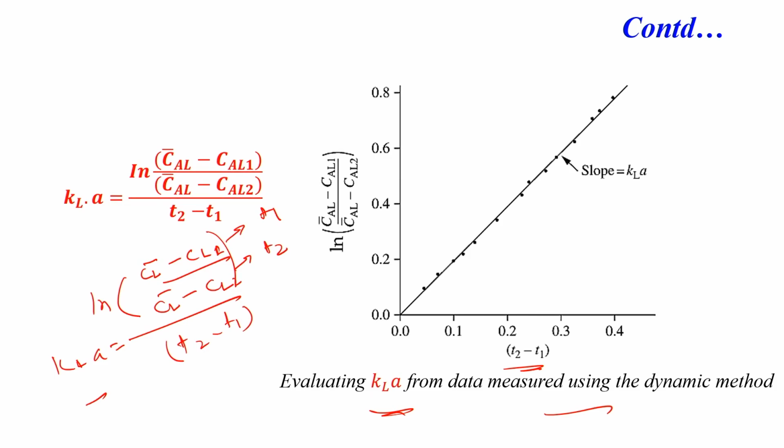We have to quickly deoxygenate, bring the oxygen level down, then start the aeration and measure the concentration of oxygen at any 2 time points T1 and T2, and apply this expression to get the KLA value. What is not required for this method is the CL star value.